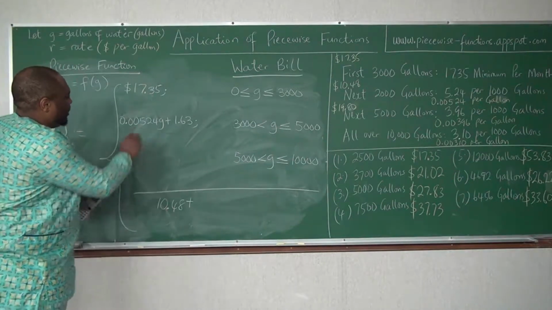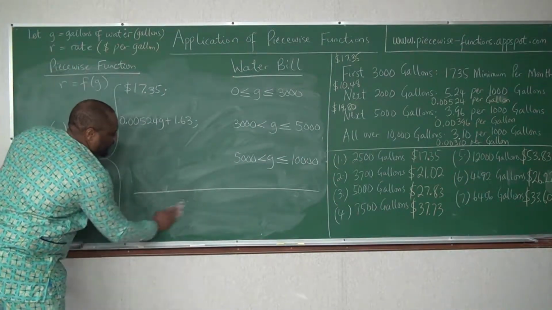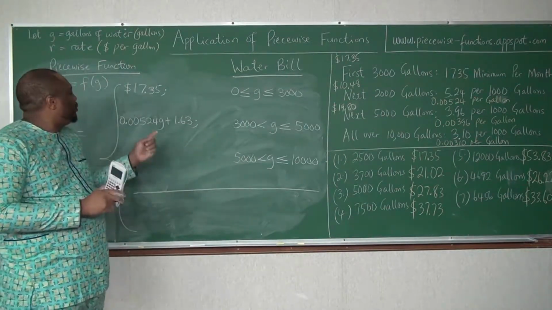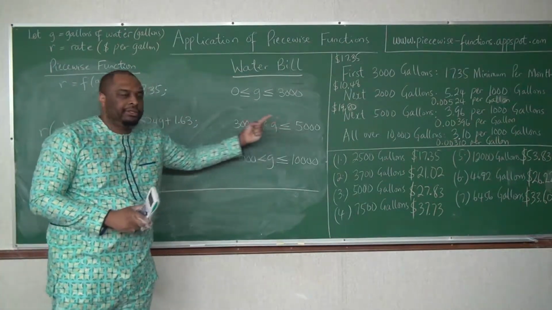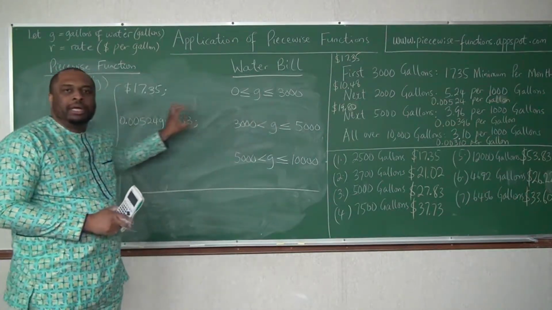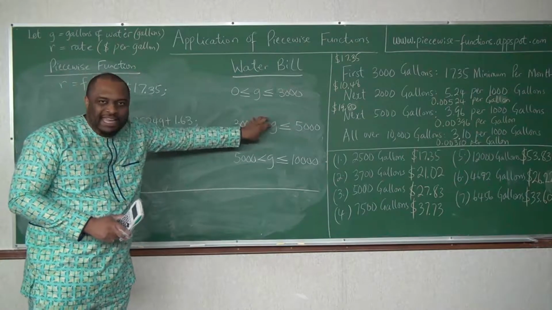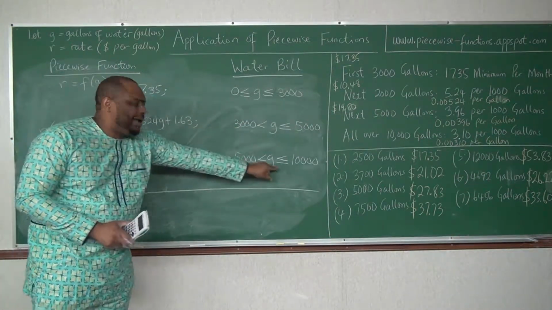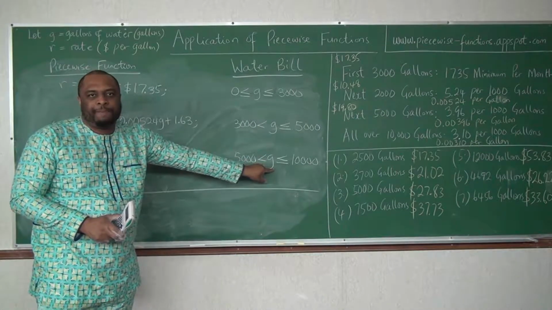Let me show you. You do this times 5,000 plus 1.63. Let's find out how much you have to pay here first, then plus any extra gallons over 5,000.